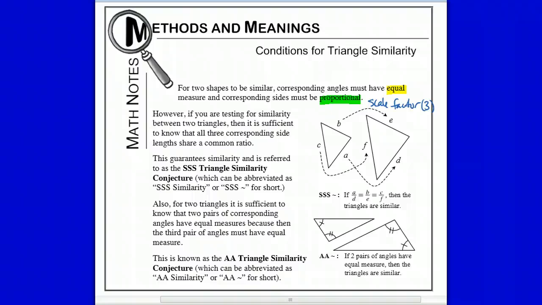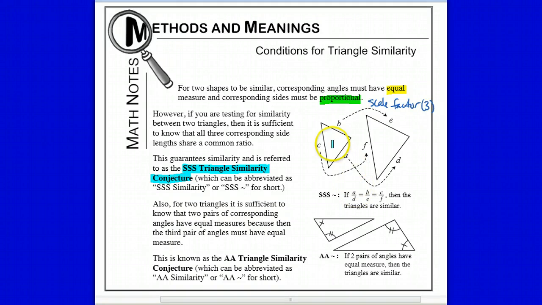So your first conjecture, or first similarity statement, that you were supposed to play around with on GeoGebra or just write a statement about was the SSS triangle similarity, or side, side, side. Because you have three sides in a triangle, we look at all three sides' scale factors.